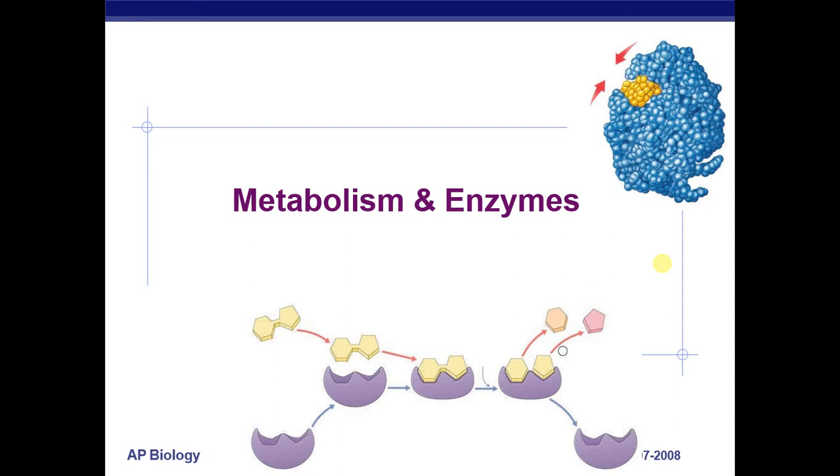And so today and tomorrow, we're going to look specifically at enzymes, all right? And then on Friday, you're going to look at ATP. And we're going to do that just before we start our cellular processes of cellular respiration next week.